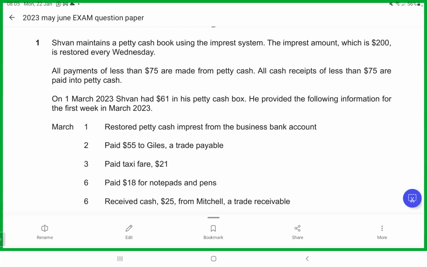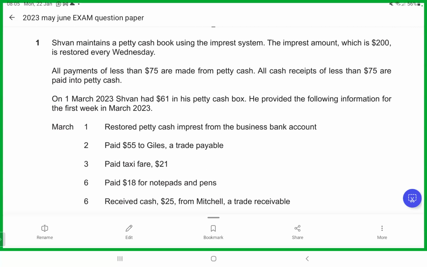Now, one thing that is interesting about this imprest amount is that it can never go beyond 200. Which simply means you cannot receive the 200 before you finish the 200. It could be that you have remained with $20 and the transaction that you want to meet is 30. So you will have to replenish, to go and ask for some more money so that it equals the imprest amount.